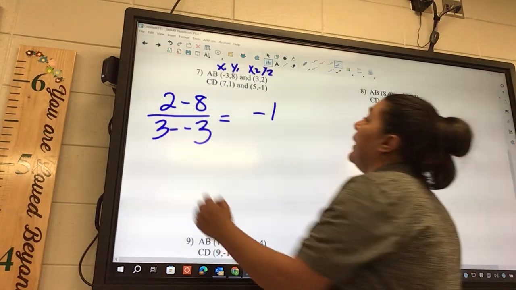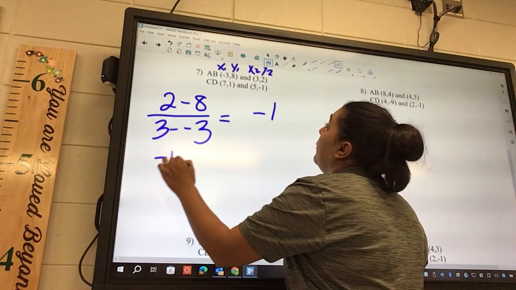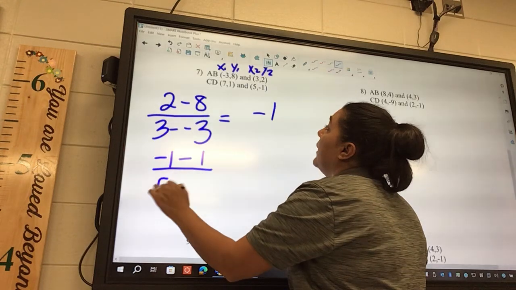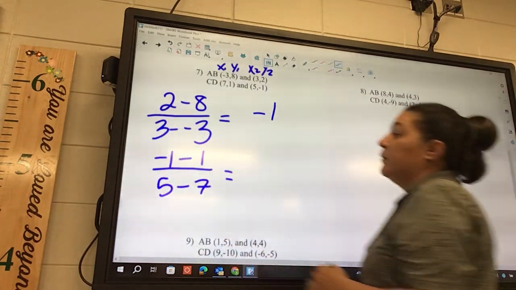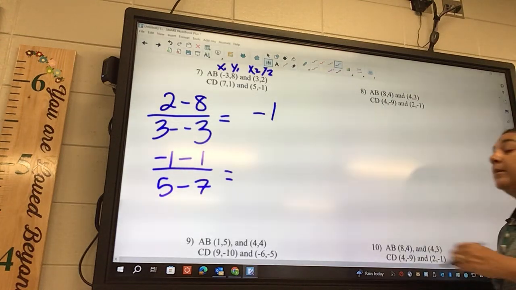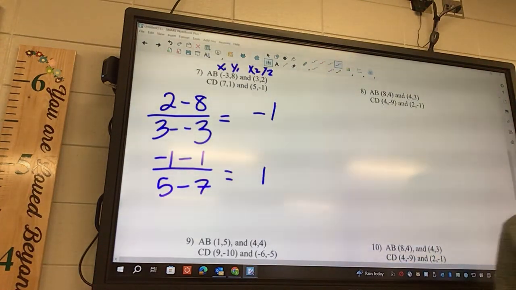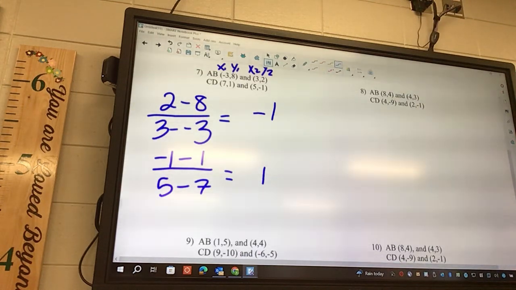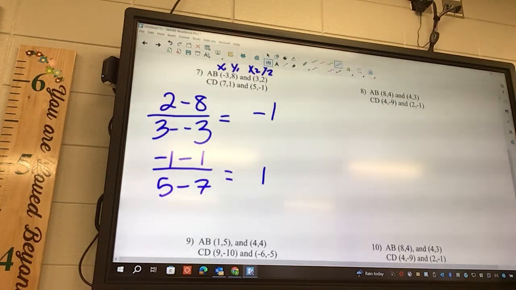Okay, for CD, I got -1 minus 1 over 5 minus 7. Positive 1? Okay, so are these parallel, perp, or neither? Perpendicular. They're gonna be perpendicular.